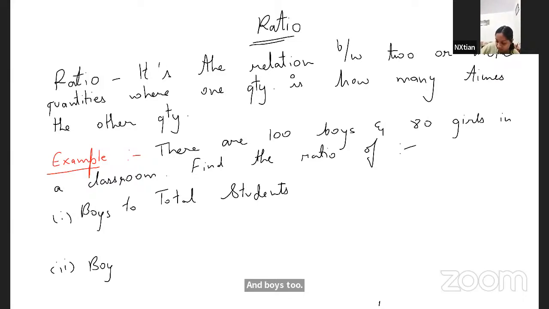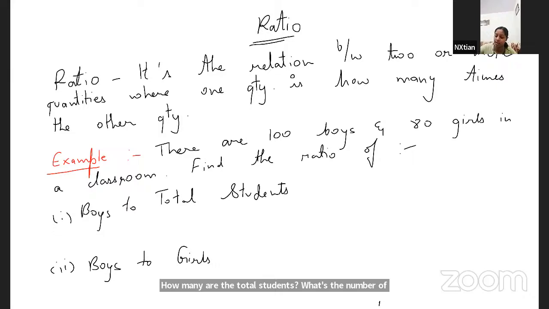Ma'am, boys to girls is 5:4, right? Yes, 5:4. Okay. Now, how many are the total students? 180. Very good. So now it's saying boys to total students. Boys are 100 to 180. Okay.